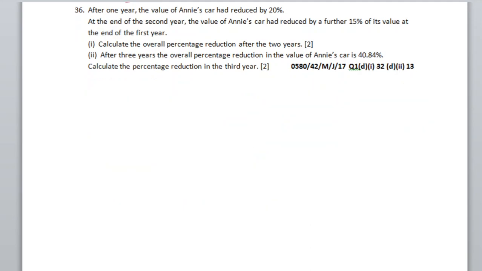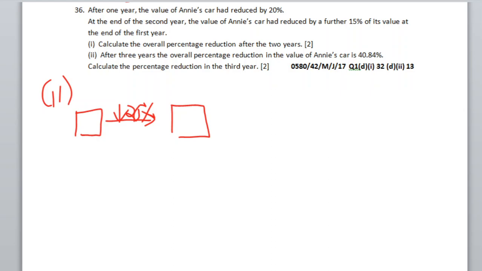Okay, for part 2, let's try to visually explain the question, and write down the data of the question. So after 1 year, the value of Annie's car had reduced by 20%. So she had some initial value that reduced by 20% in the first year, and she has a new value at the end of the first year.